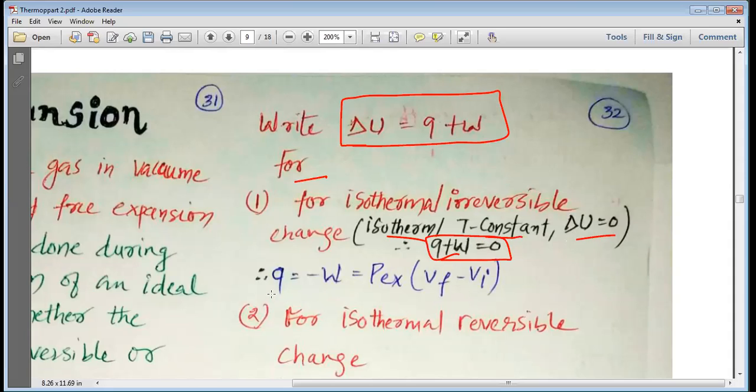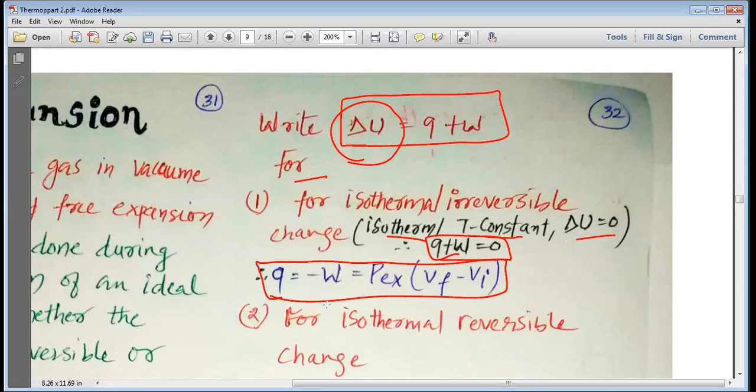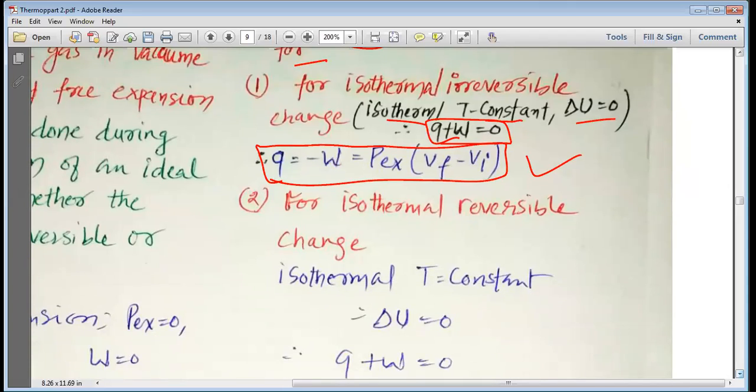And then, my dear students, the heat exchange Q is equal to minus W, that is P external into Vf by Vi. So when delta U is equal to 0, Q is equal to minus W, and we can say that the heat absorbed is equal to the work done.